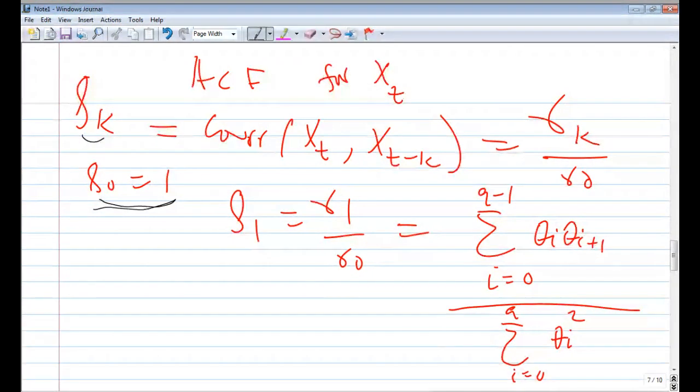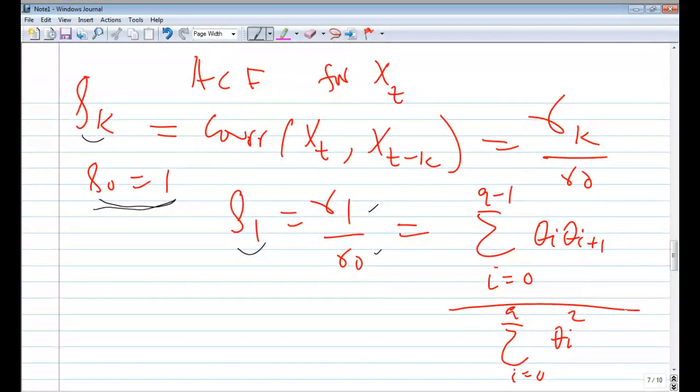But when you come to the autocorrelation function at lag 1, which is rho 1, this is defined as gamma 1 over gamma 0. The question is, what is gamma 1? Gamma 1 is the autocovariance at lag 1, which we have already calculated. It is equal to the summation of theta I plus 1, where I is ranging from 0 up to q minus 1.